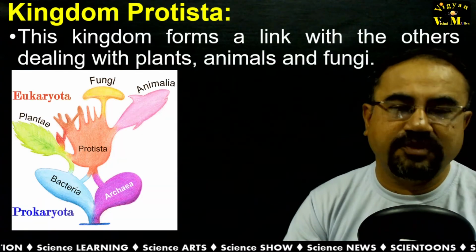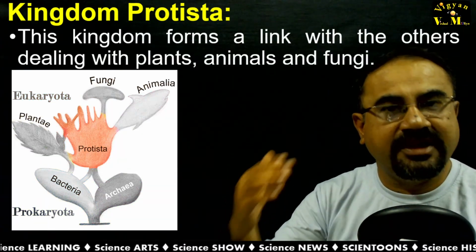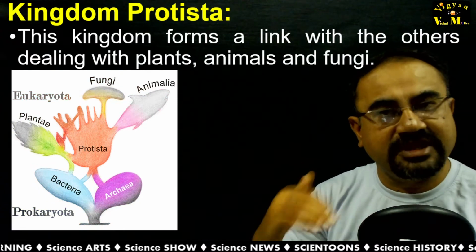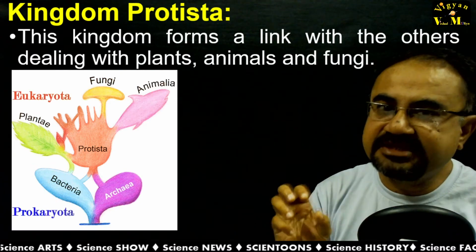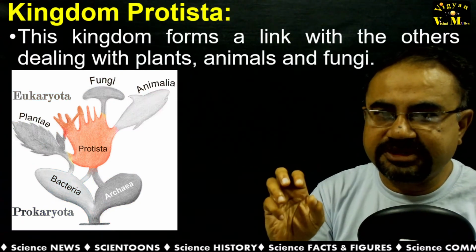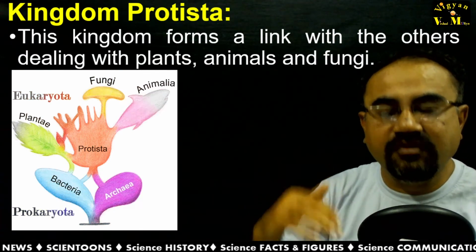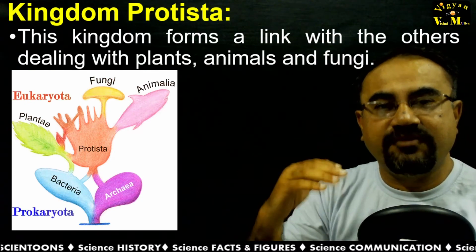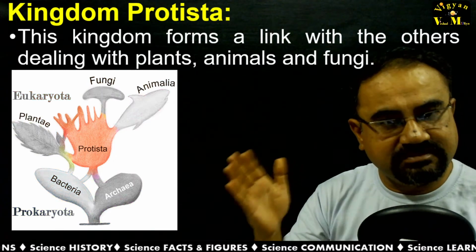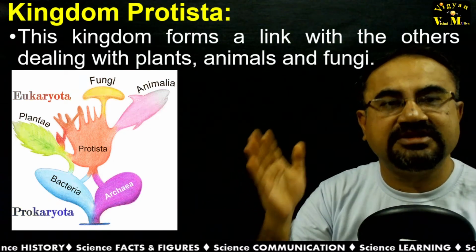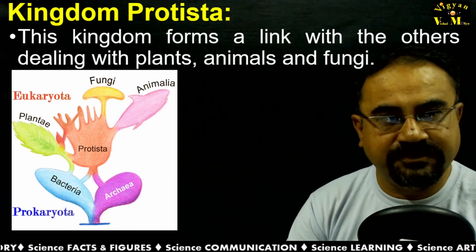The kingdom forms the link between plants, animals and fungi. You can say Protista members are the ancestors, evolved from bacteria, and from Protista the plants, animals and fungi evolved.